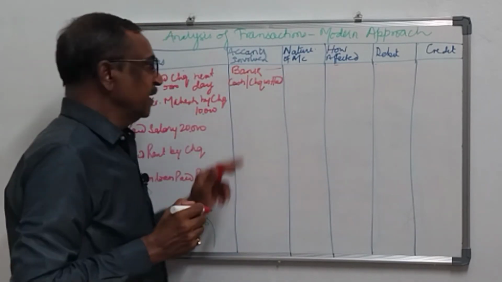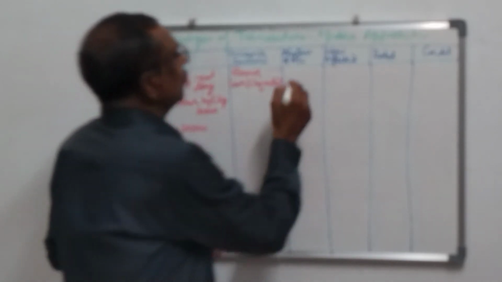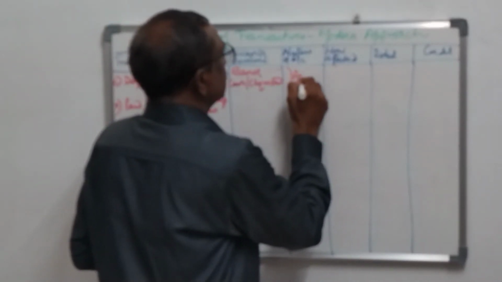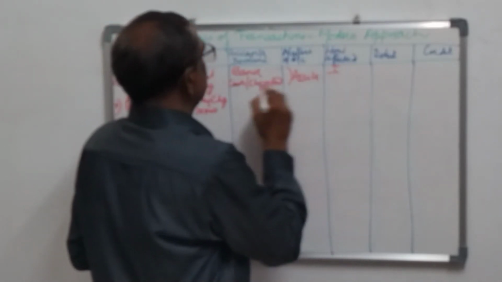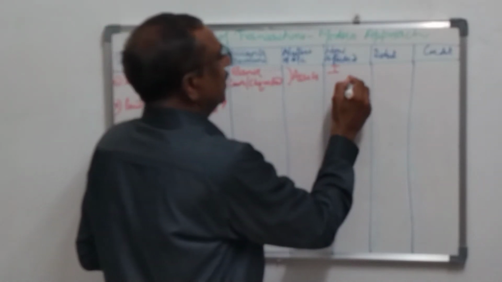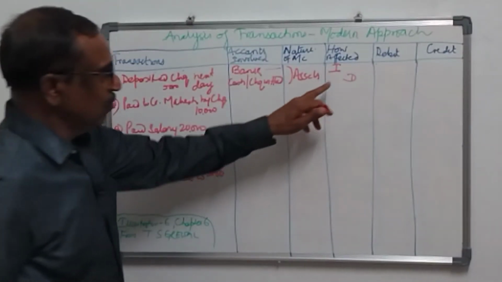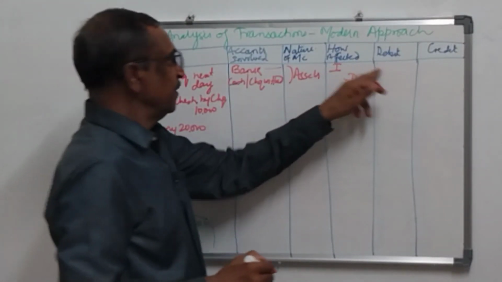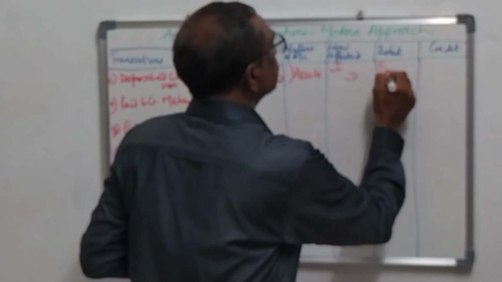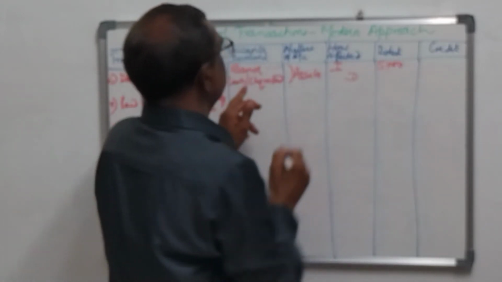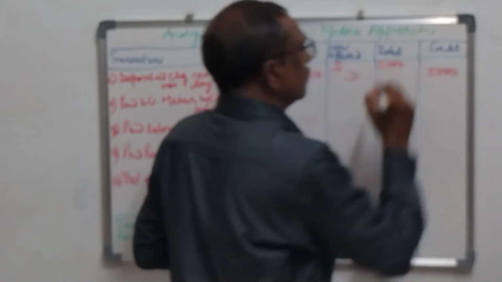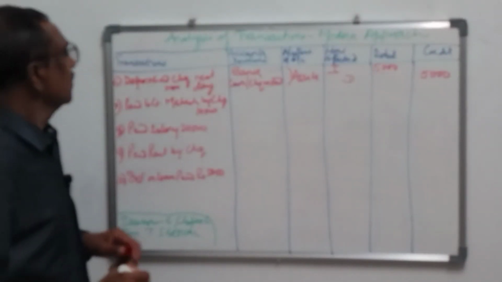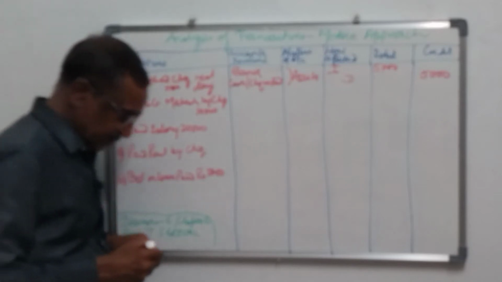So bank is involved and your cash, cheque in hand balance will reduce, and both are assets. Bank balance will increase and cash, cheque in hand will decrease. So increase in asset is debited and decrease in asset is credited. Okay? Clear?